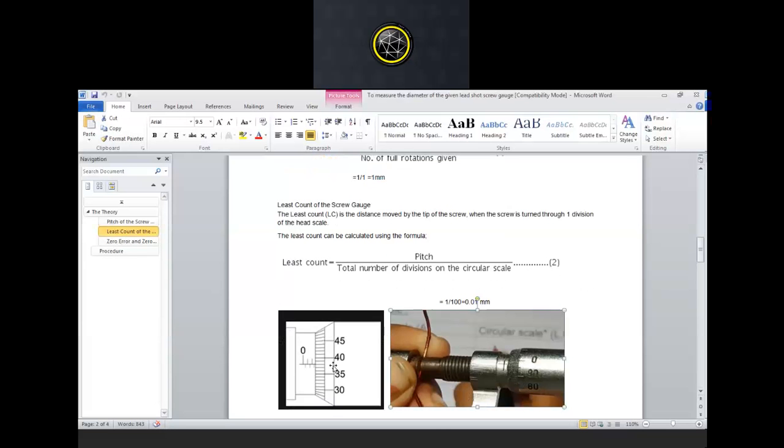This one has 100 divisions, and further you go, then you will get 50 divisions. Some of the instruments may have 50 divisions or 100 divisions or 200 divisions. You have to see that.